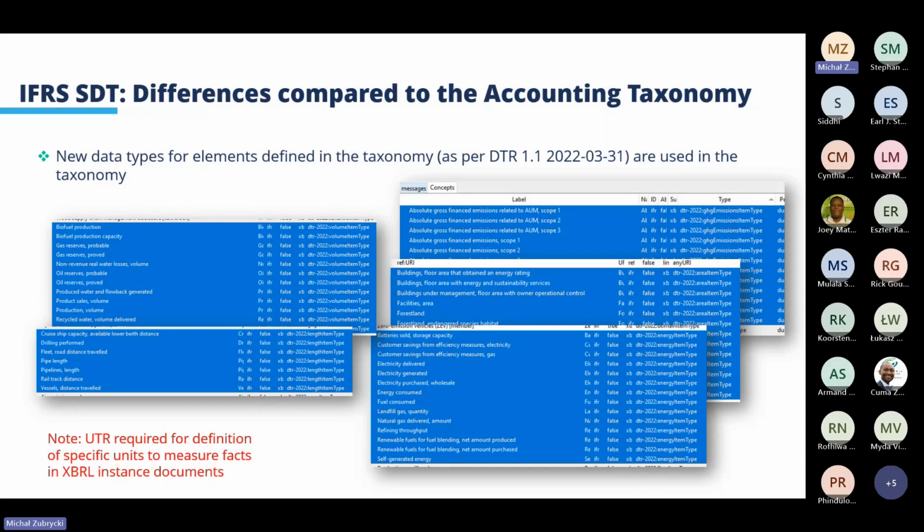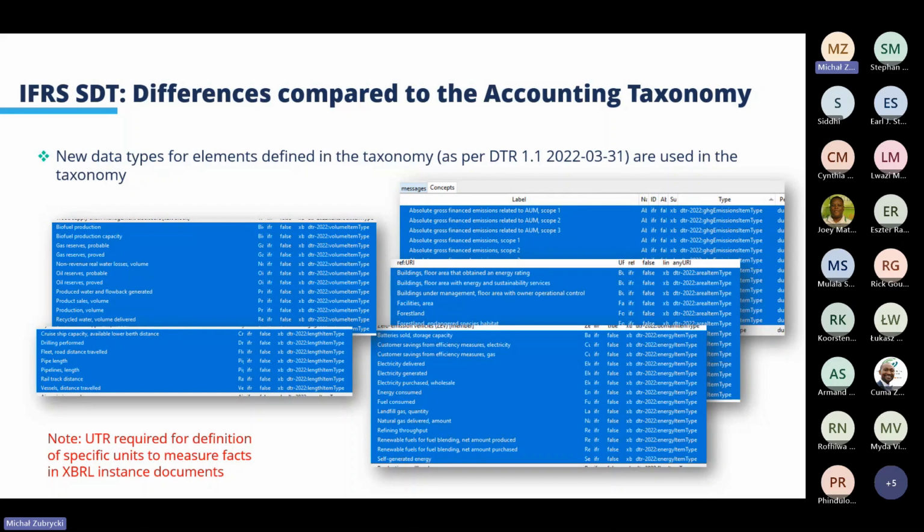So I guess this is a matter of a quick fix that can be done at the level of the software. But what will be important is that you also need to allow for some more sophisticated units to measure facts expressed as volume or length or energy and so on, because at the XBRL level we have something called the unit type registry, which defines a set of measurement units in which we can express certain information.